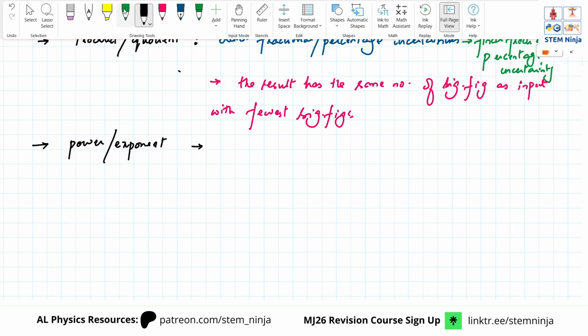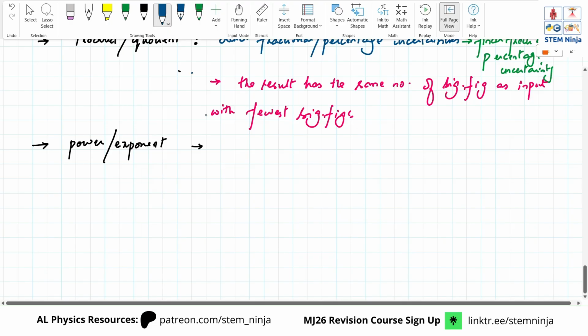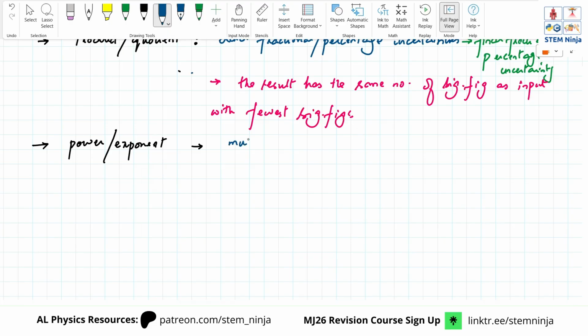You will multiply that power with the percentage or fractional uncertainty.